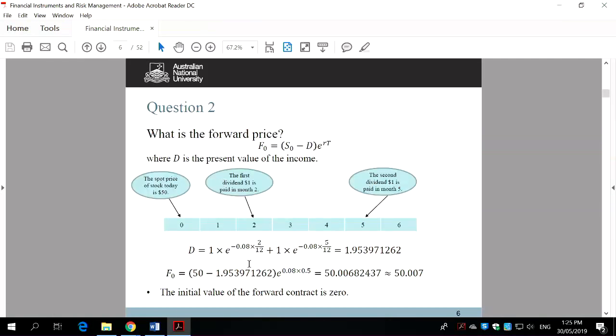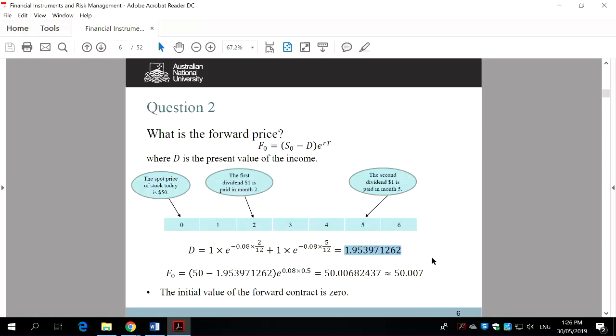Okay, so the first step is we're going to discount the two dividends back to the present. The first dividend will be paid in month 2, and the risk-free rate is 8%, so we're discounting that $1 back 2 months. The second dividend will be paid in month number 5, okay? So we're discounting the second dividend back 5 months.